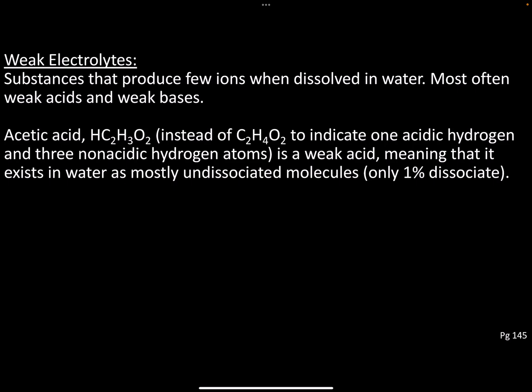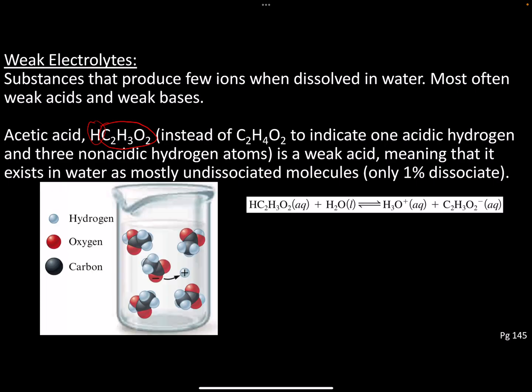This acetic acid is a weak acid, meaning it will exist in water mostly as undissociated molecules. Only about 1% actually will dissociate. So only 1 of every 100 acetic acid molecules will actually dissociate into its H plus and C2H3O2 minus ions.